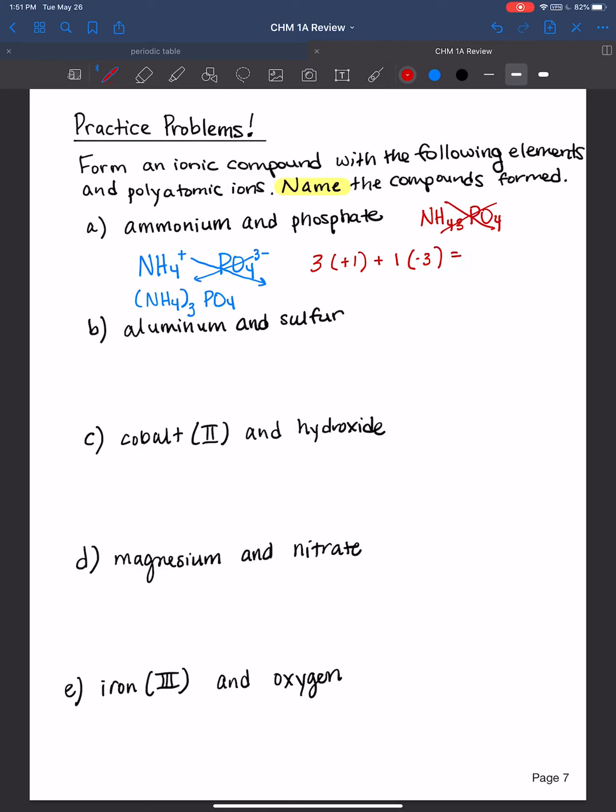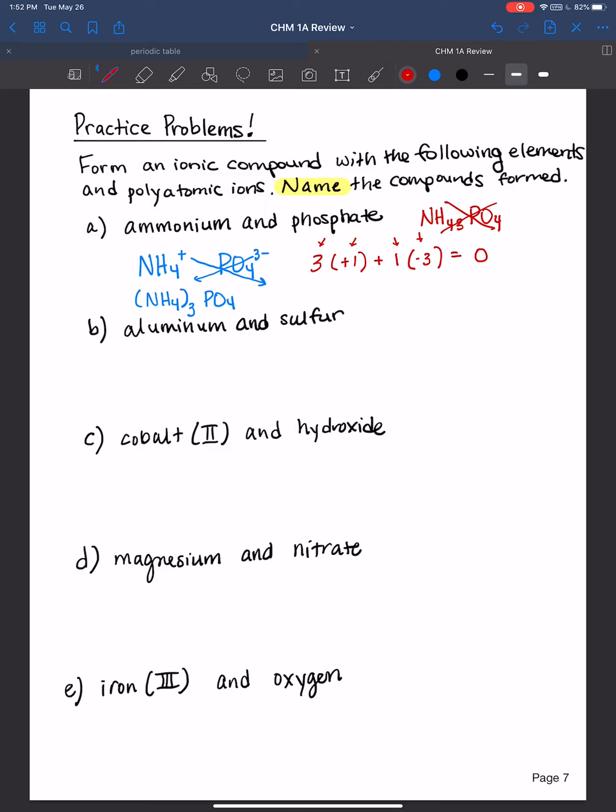And this does indeed add up to 0, right? And so these are the number of atoms on the outside, and inside the parentheses I put the charge to make sure it adds up to 0. So like I said, you can do that as a way to double check your work.